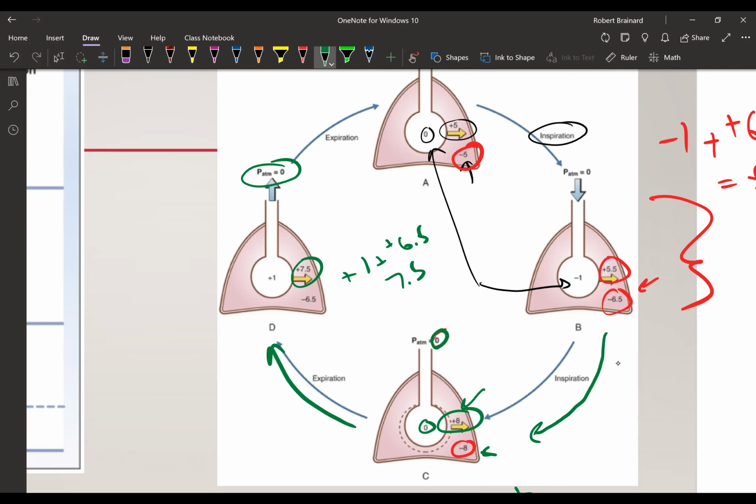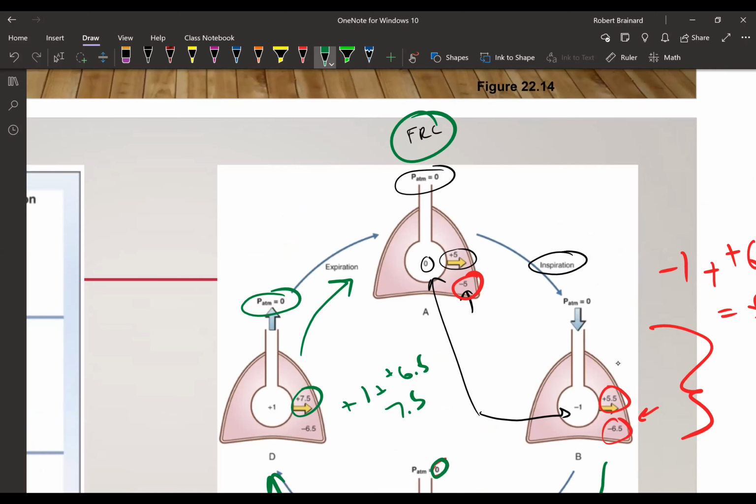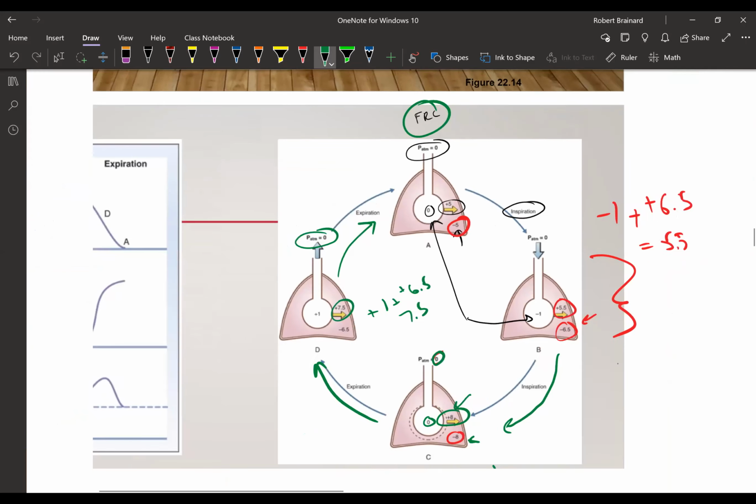It's alveolar minus intrapleural pressure. And then we're going to continue to expire until we go back to FRC, where the outward recoil of the chest wall is balanced by the inward recoil of the lungs. And we're back to square 0 or square 1.